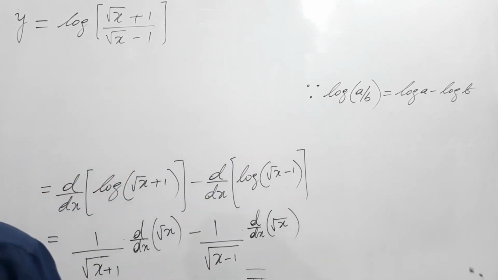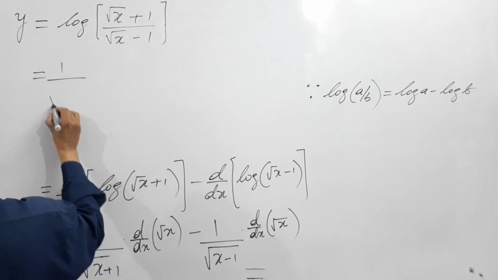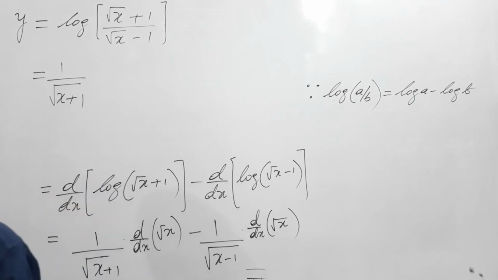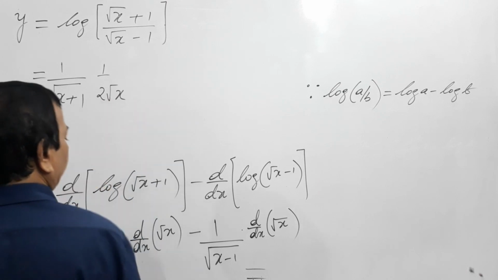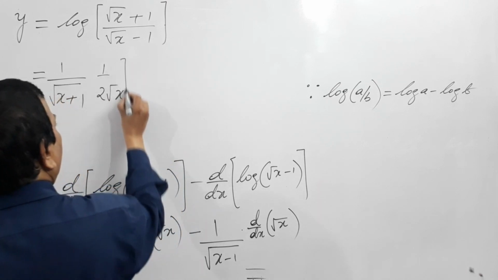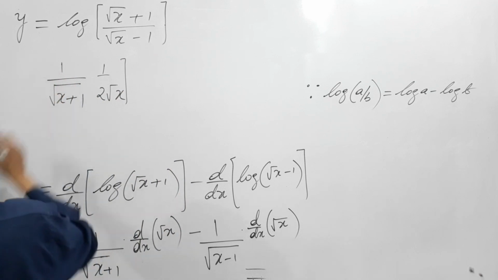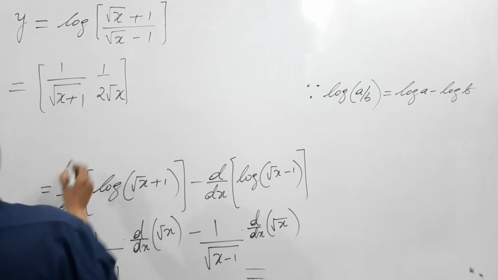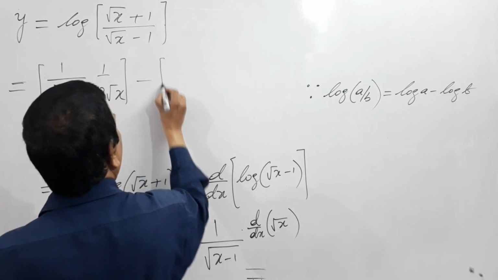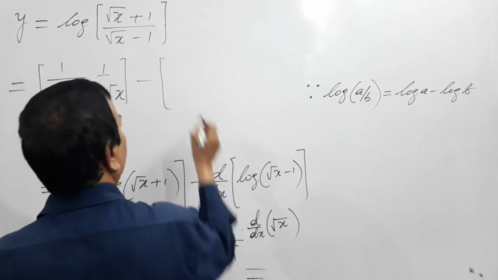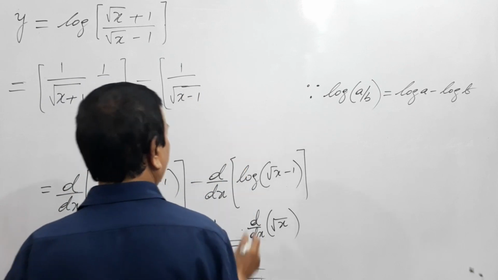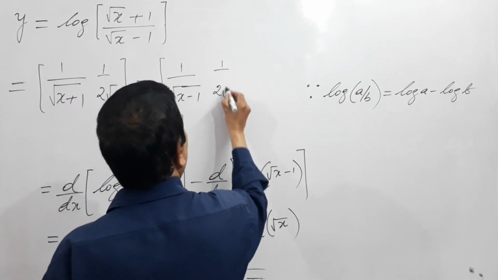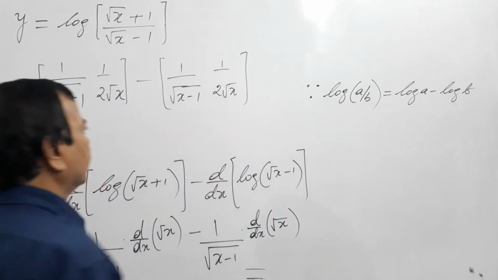So what happens to this? This equals 1 by under the root x plus 1, d by dx of root x is half root x, equals minus, this is again 1 by root x minus 1, and this becomes half root x.